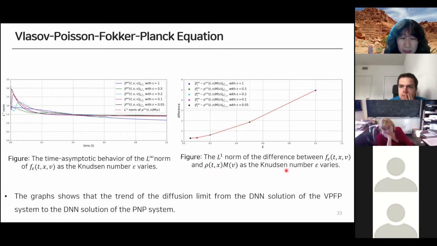As you can see, the graph shows the trend of diffusion limit from the DNN solution of the Vlasov-Poisson-Fokker-Planck system to the DNN solution of the PNP, the macroscopic system.